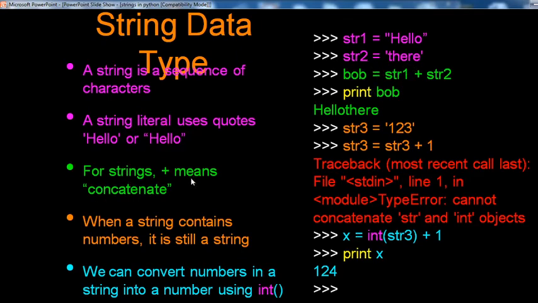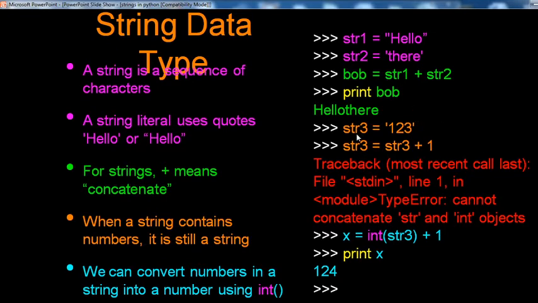Then, how to use the plus symbol for strings: concatenation. Here one variable named bob is defined as str1 plus str2, which joins these two strings. Then print bob, and finally it prints hello there. That is the concatenation of the two strings.